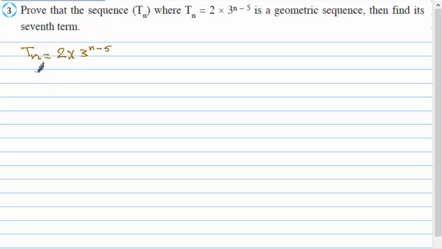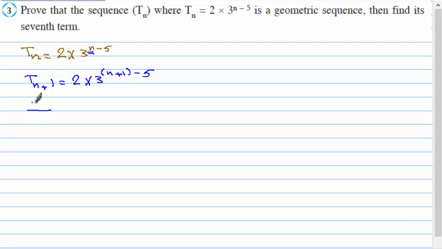First, we want to prove that this sequence is a geometric sequence. How? First, we write Tn plus 1, which equals 2 multiplied by 3 power, instead of n, we write n plus 1, minus 5.